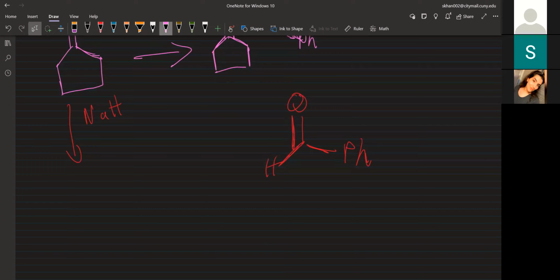So after step one, you form your enolate, which we will draw in the carbanion form.